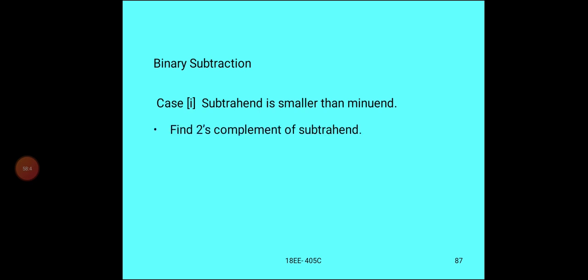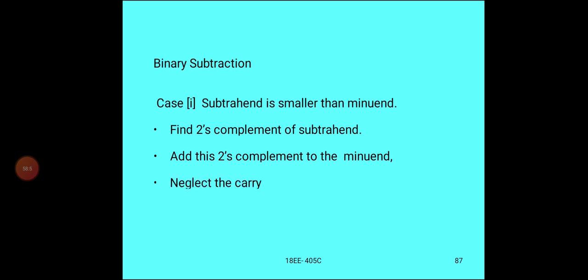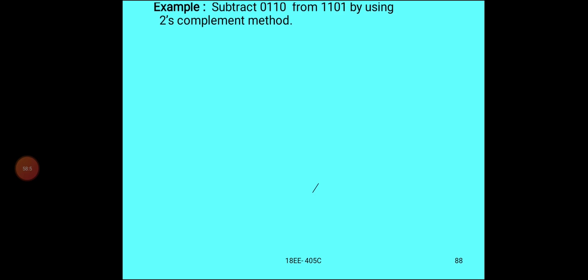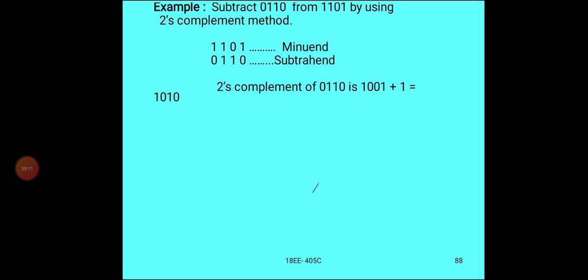Binary subtraction, case 1: the subtrahend is smaller than the minuend. Find the 2's complement of the subtrahend. Add this 2's complement to the minuend. Neglect the carry. For example, subtract 0110 from 1101 using the 2's complement method. 1101 is the minuend, 0110 is the subtrahend. The 2's complement of 0110: the 1's complement is 1001, plus 1 becomes 1010.